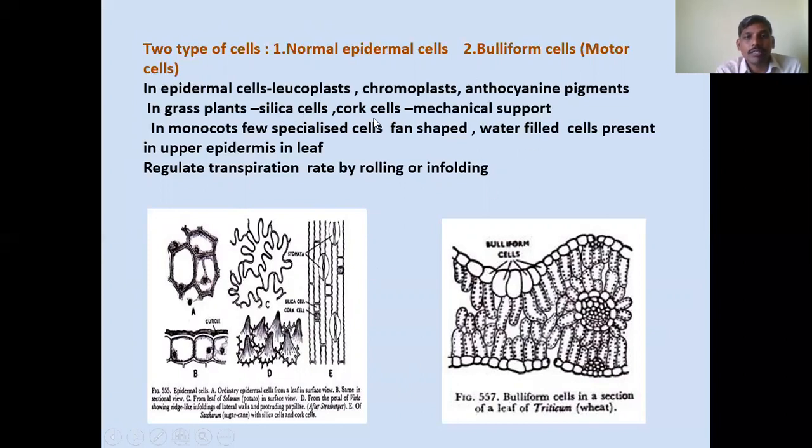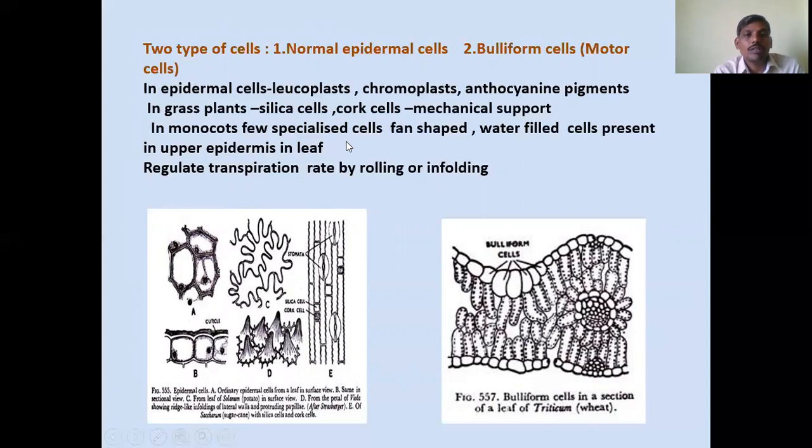In cork cells, the cell wall is made up of suberin, which gives mechanical support. So silica and cork cells lie in between the normal epidermal cells. These differ structurally, in size and shape, from normal epidermal cells.